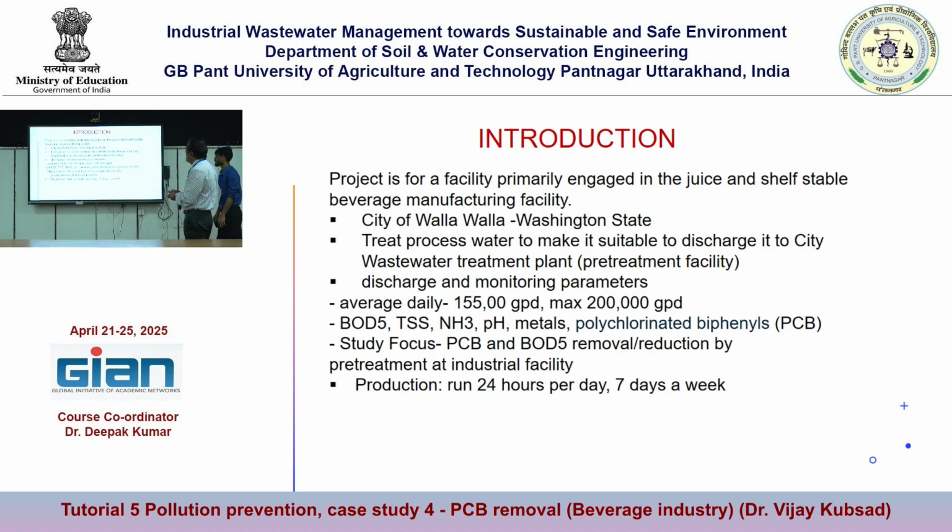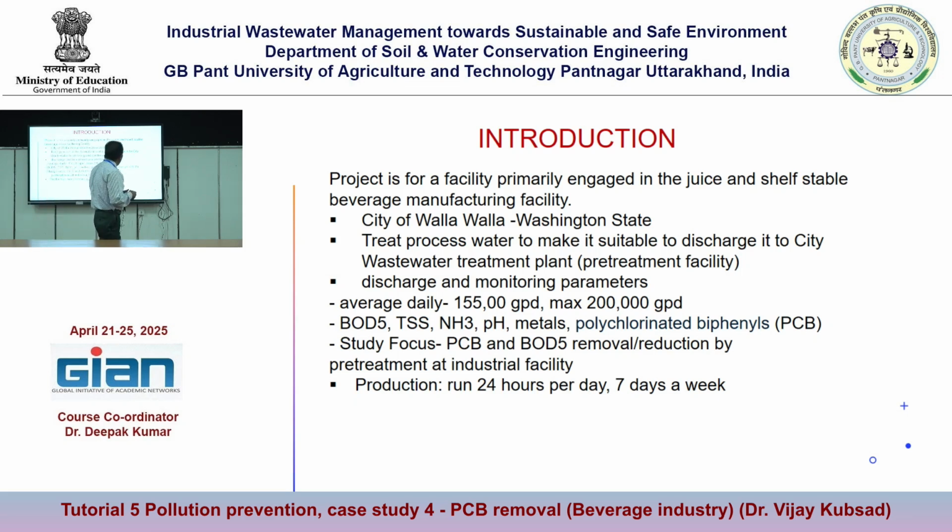Okay. So I want to give a little background on this. This project facility is primarily engaged in juice, shelf-stable beverage manufacturing. The goal is to treat process water to make it suitable for discharge to the city wastewater treatment.